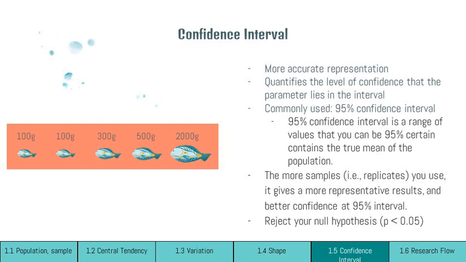A side note, you can never be 100% confident unless you go through the entire population. Also, the more samples you use, it will provide a more representative result and a better confidence at the 95% interval. You will reject your null hypothesis if your p-value is less than 5%. This will be talked about more in depth later.